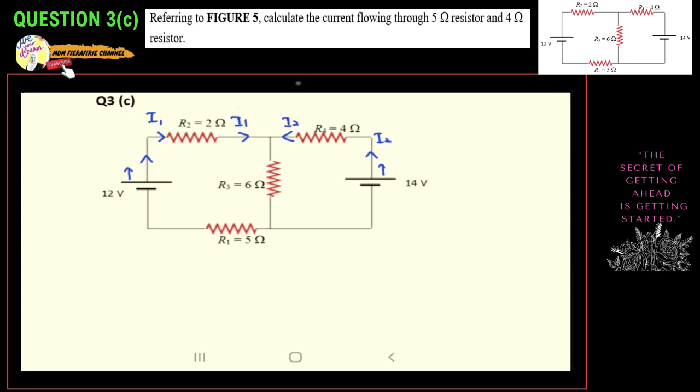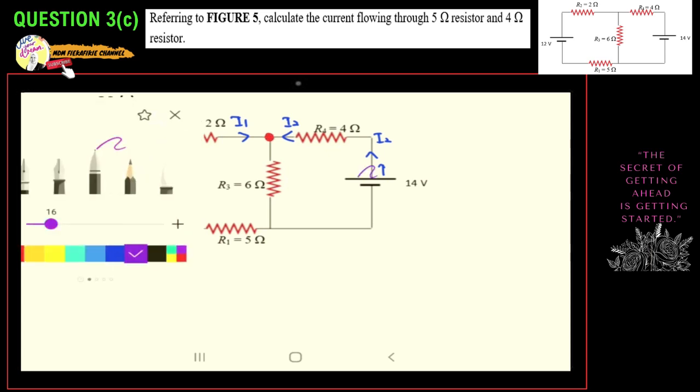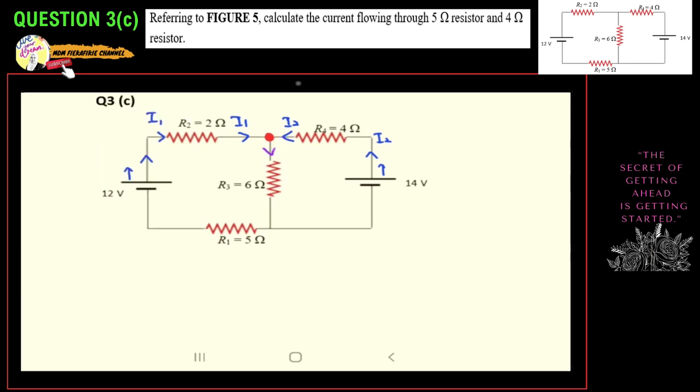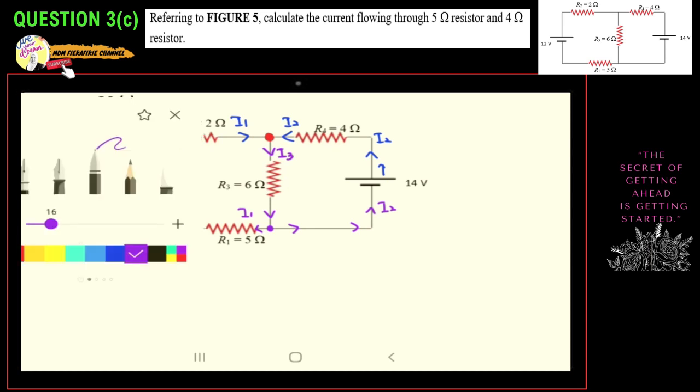So this is I1, and when they reach the junction, they combine and produce I3. We determine this ourselves. At the junction, this returns to I1 and this returns to I2. And then let's draw our loops.